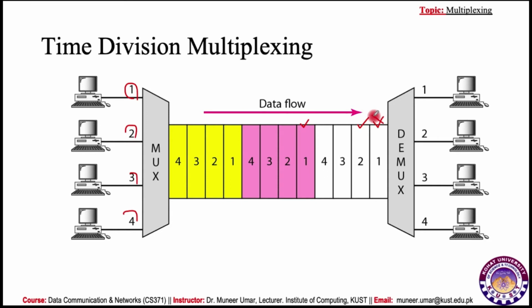So 1 must send some data, and after that wait for 2 and 3 to take their time slots. Once they complete, again 1 will be given the time slot, and at the receiving end the demultiplexer reads these time slots. This must be synchronized with the multiplexer, and the time slots are forwarded to their corresponding destinations.